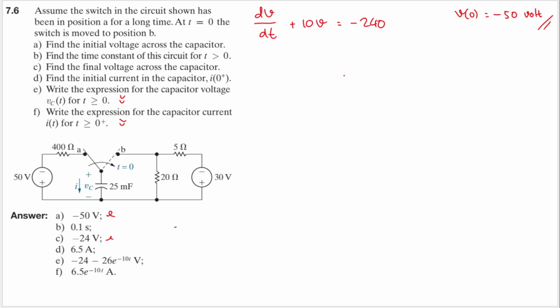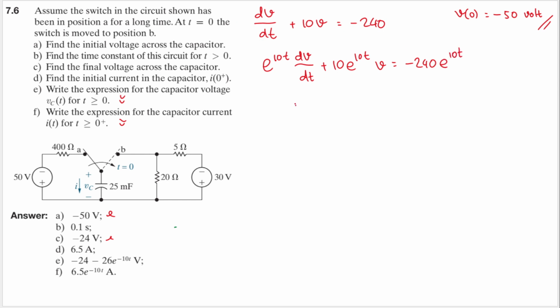Okay, now let's solve this by using an integrating factor. So we can multiply both sides by e to the 10t, right? So we'll have dV/dt, then plus 10 e to the 10t V, and this will equal minus 240 e to the 10t. Why?